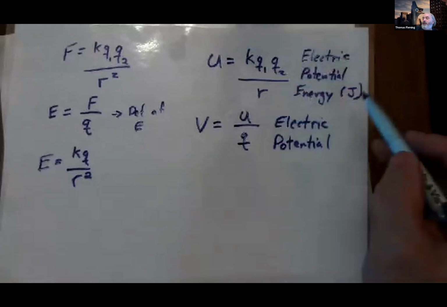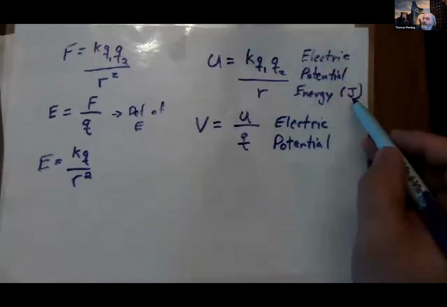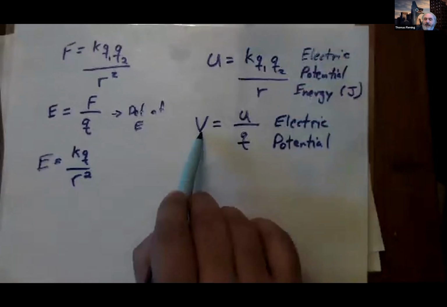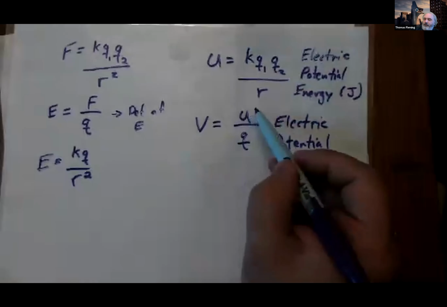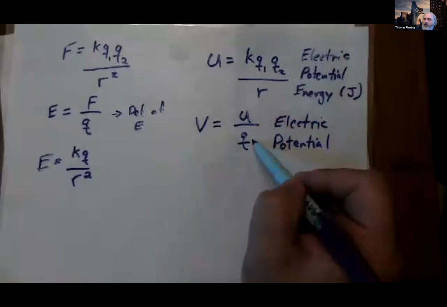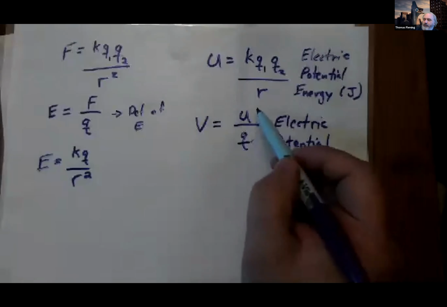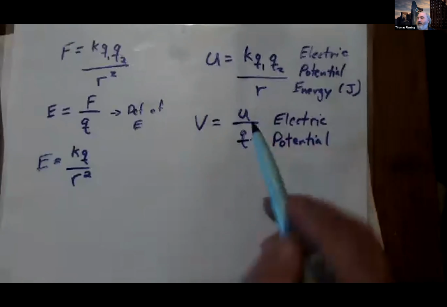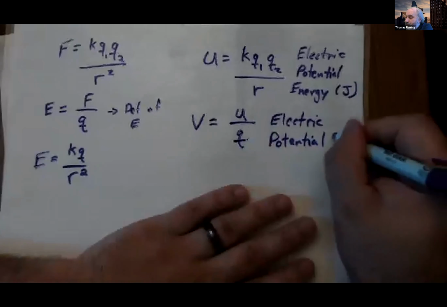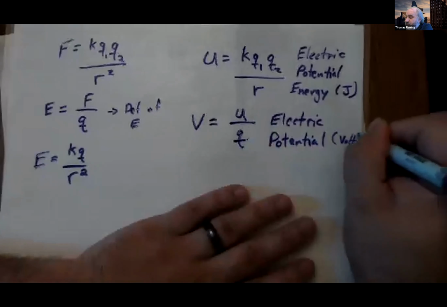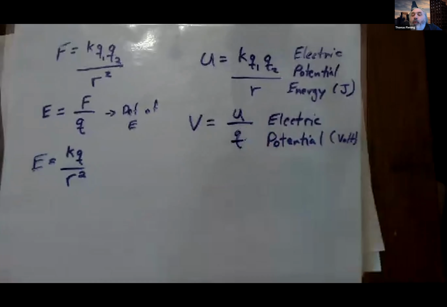Now, U is measured in joules. What are the units for V? Well, if this is joules, that's joules divided by charge, which is coulombs. So joules per coulomb. We're going to give that a name. A joule per coulomb is a volt. That's what a volt is.